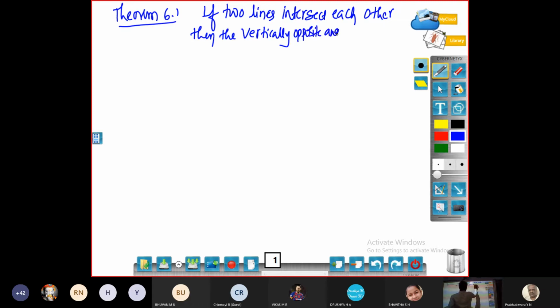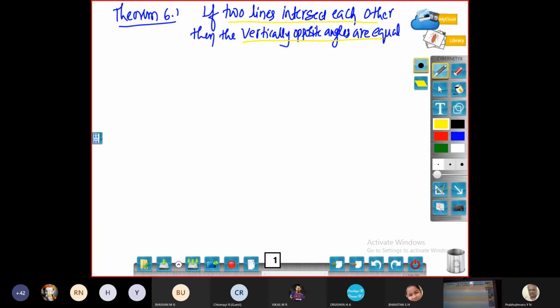So this is the given statement. What is given here? Two lines intersect each other, that is given. Then what you have to prove? The vertically opposite angles are equal.